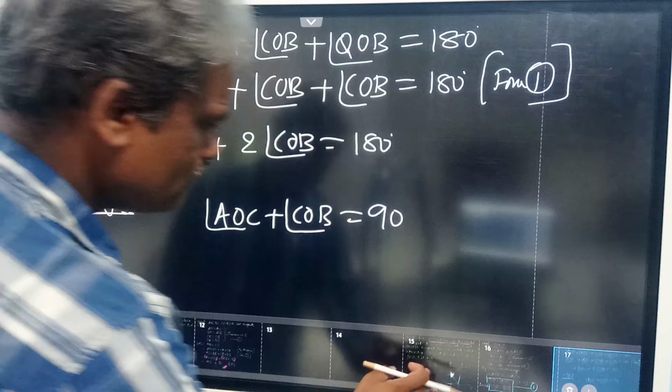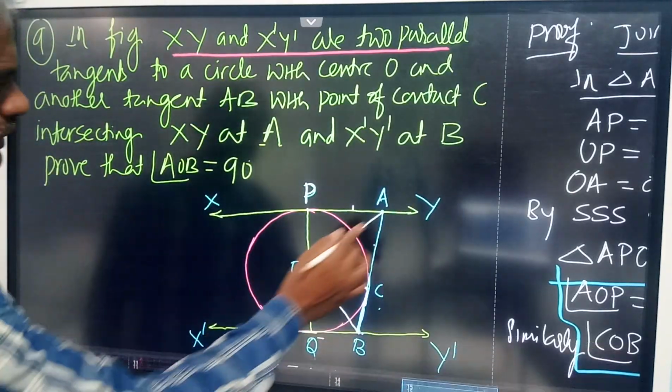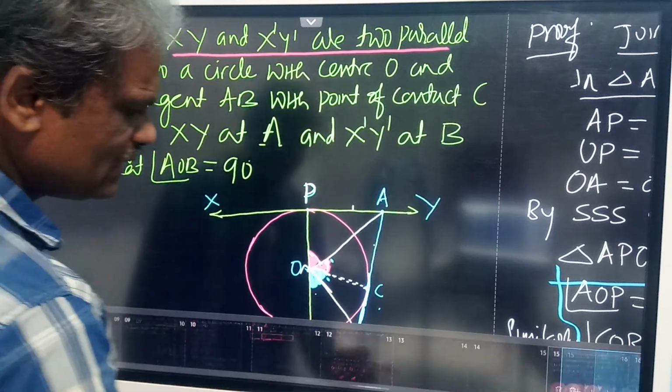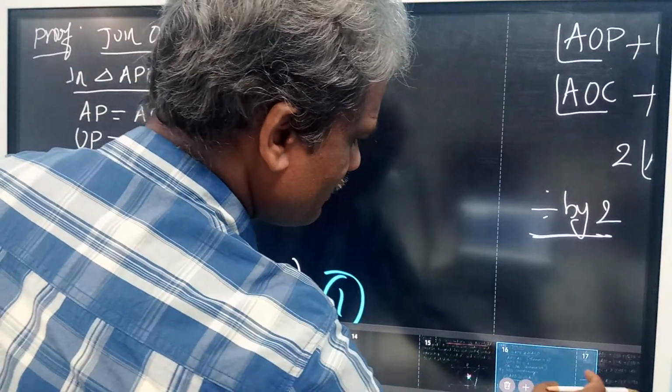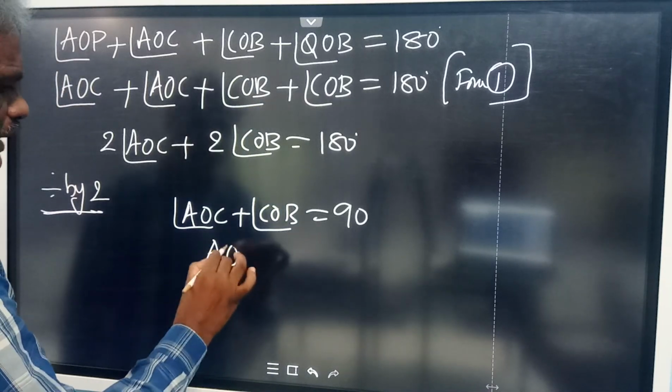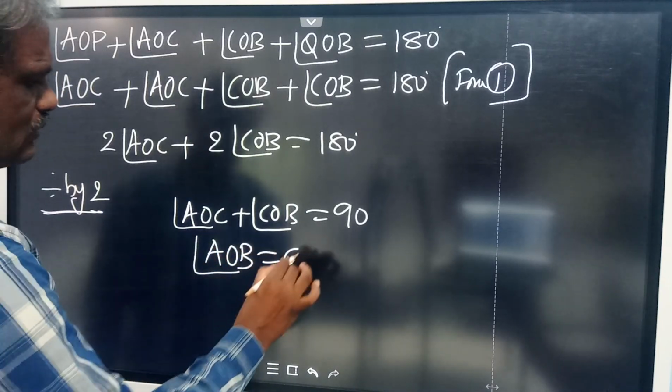Look at the diagram now. What is AOC plus COB? AOC plus COB is nothing but AOB. So angle AOB is equal to 90 degrees.